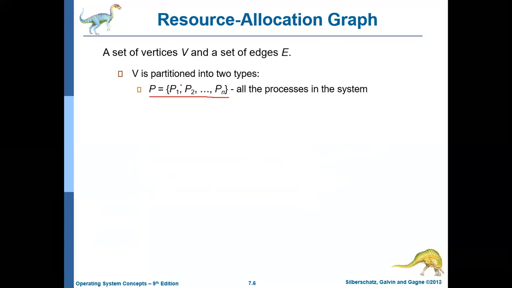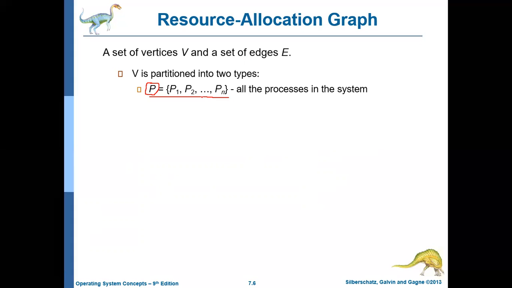All the processes in the system are represented as vertices, and processes are represented through the alphabet P. So P1 represents process 1, P2 represents process 2, and so on up to Pn, which represents process n. So process is one type of vertex.